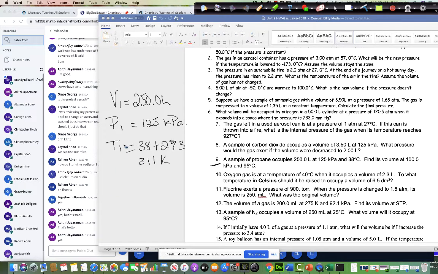Okay, so now we have those variables. Find its volume, so we're looking for V2. And it's at 100 kilopascals, so the pressure here will be 100 kilopascals.